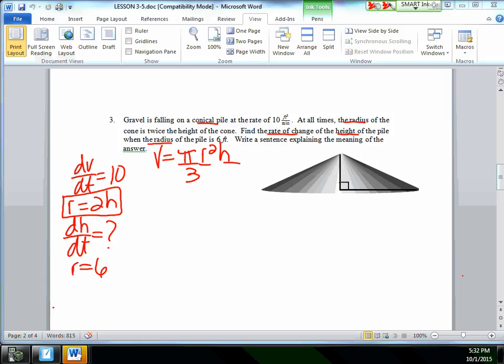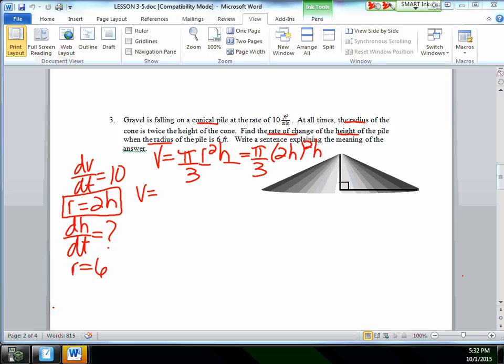So you need to sub that in before you take the derivative. So I have pi thirds. r is now 2h squared times h. Once again, still clean that up doing algebra. That squared has to hit the 2 and it has to hit the h.